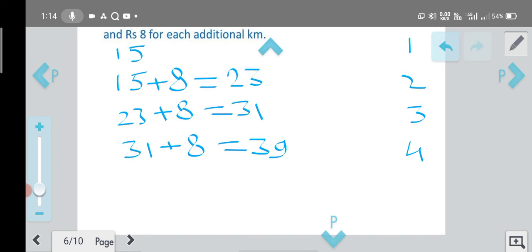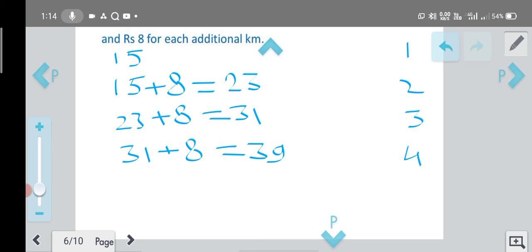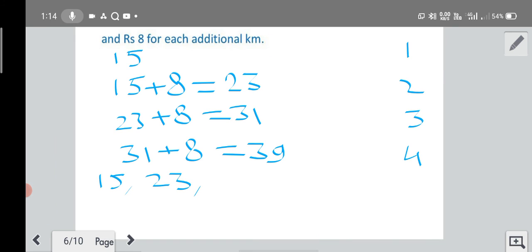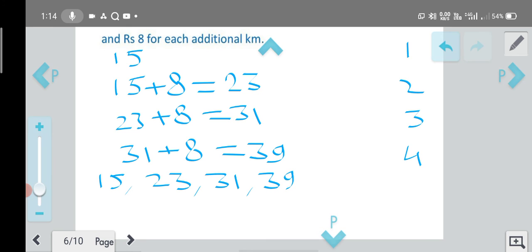So here we obtained the list of numbers 15, 23, 31, 39 and so on. Now we'll check whether the difference between two consecutive terms is fixed or not.